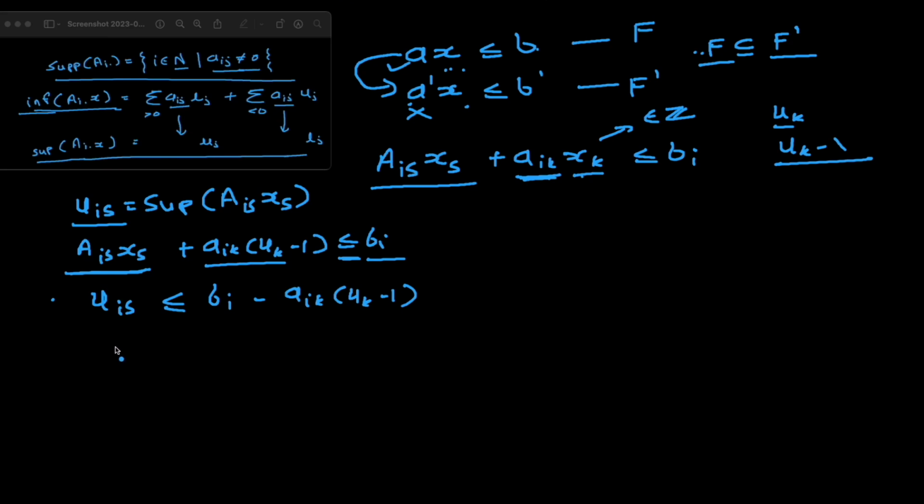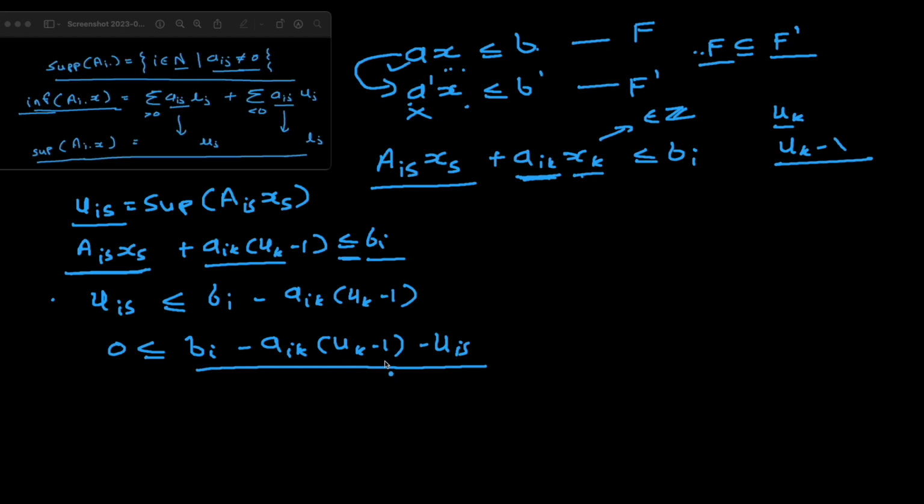So in other words, we have 0 less than or equal to BI minus AIK times UK minus 1 minus UIS, right?